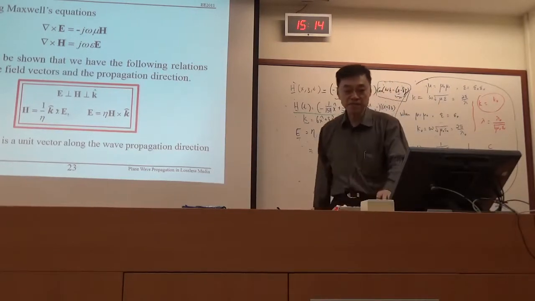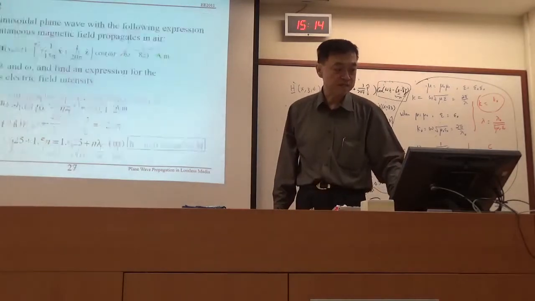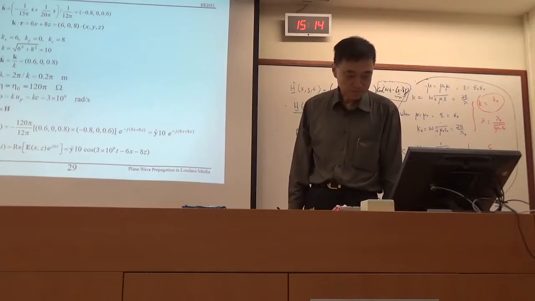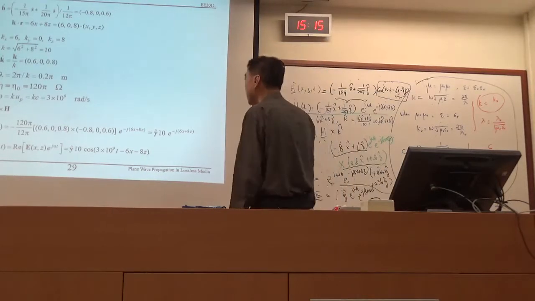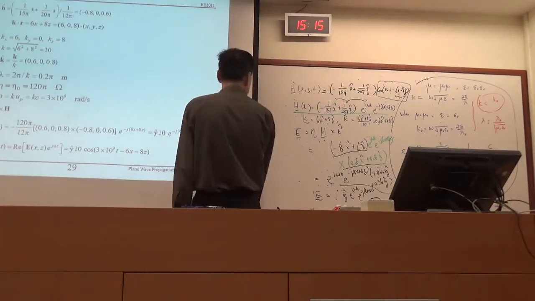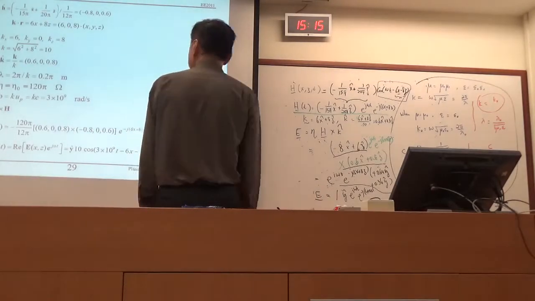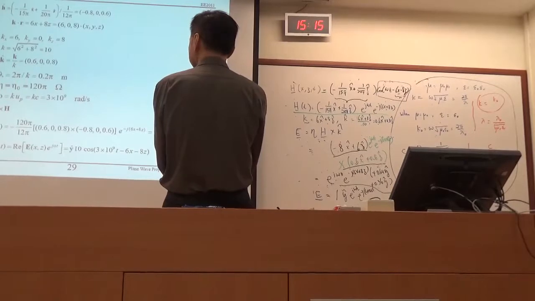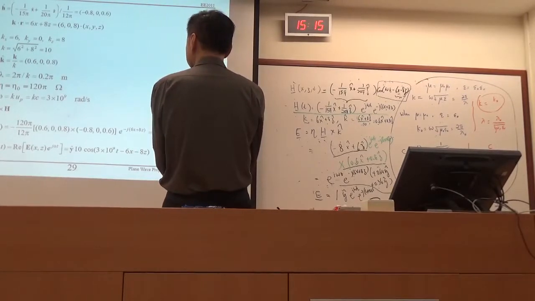Now, if this is my phasor form for E, as you can see the solution is already there. Where is the bracket 1 to 10? Where does the 10 come from? I think that one, 0.8 times 8 is 6.4.